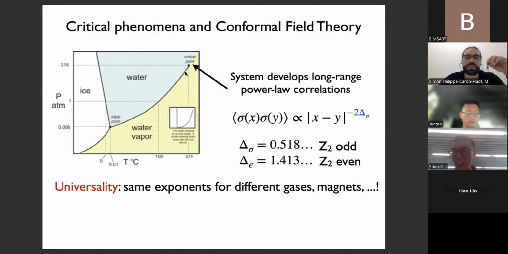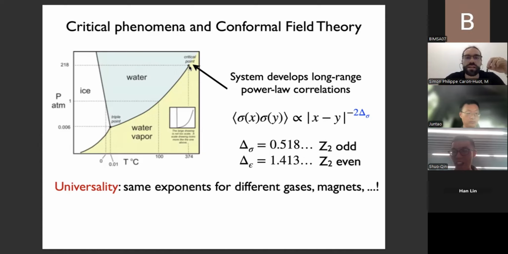When you're below this point, the transition occurs through nucleation of water droplets that have well-defined walls. But as you approach this point, the difference between the two phases becomes less and less significant, and the bubbles get bigger and bigger, and the walls get effectively less and less existent.